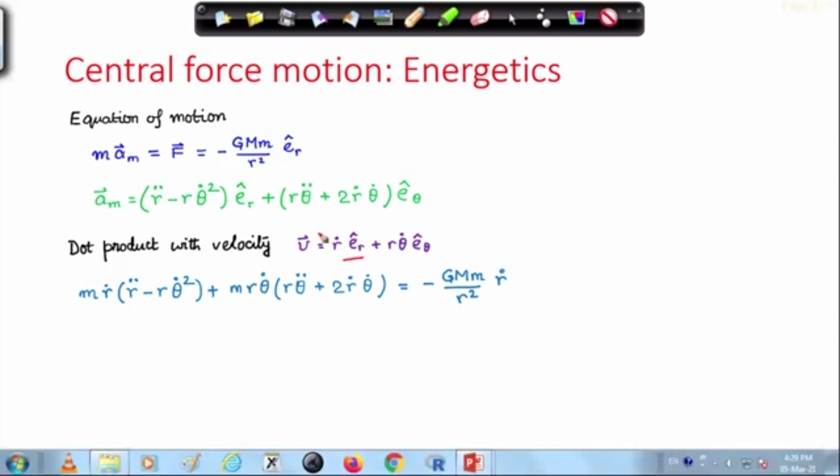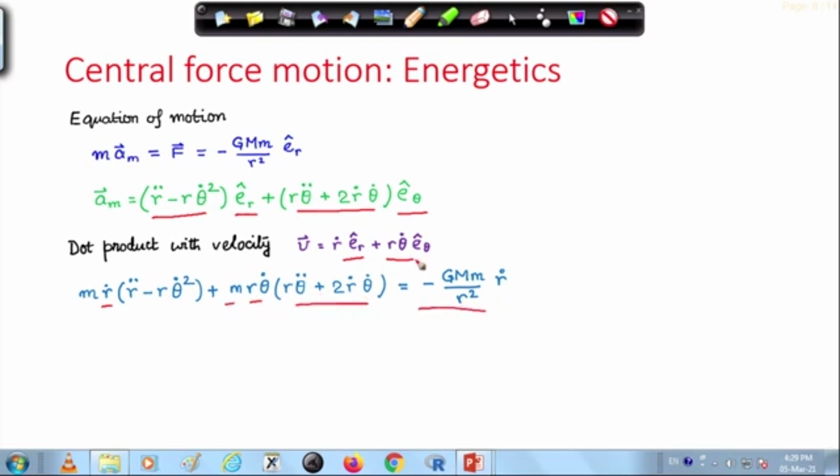In the e r direction we will get r dot times mass times this acceleration term, plus, e theta cap dot e theta cap again being 1, a contribution of r theta dot times this times mass.